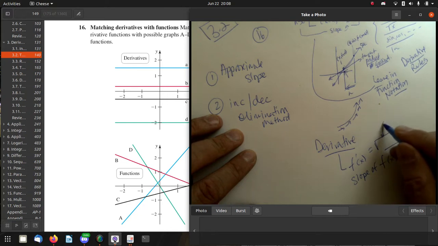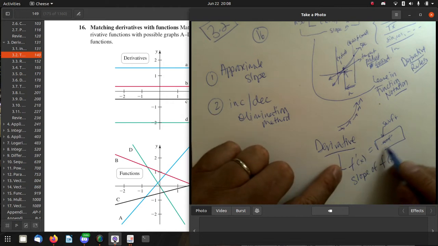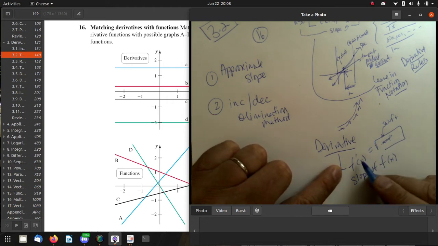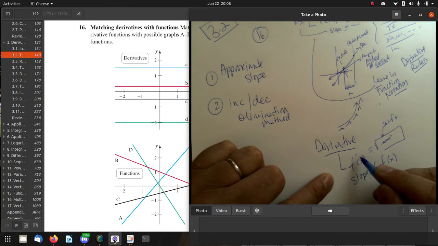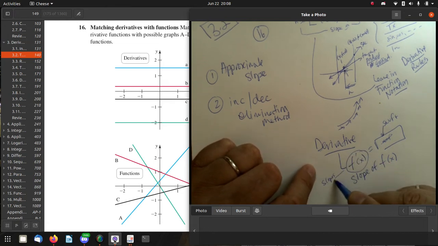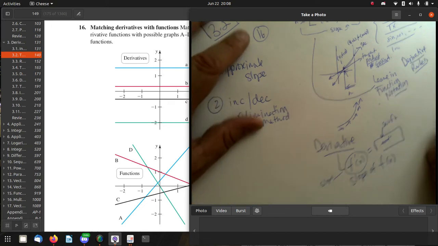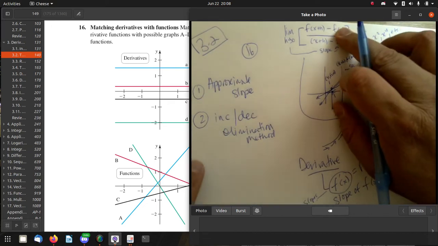You're just going to have a new function over here for different x's. But what that all equals when you put in values of x is a slope value. f prime of x are slope values. These are the slopes of the function f of x that you developed by doing this equation.